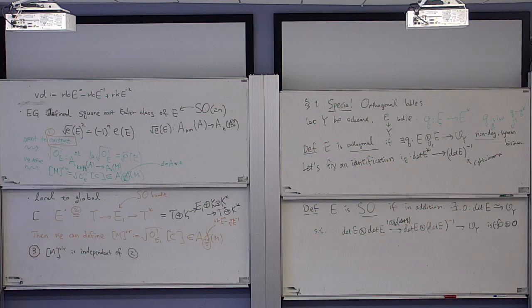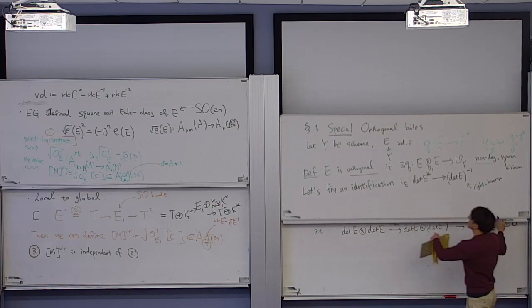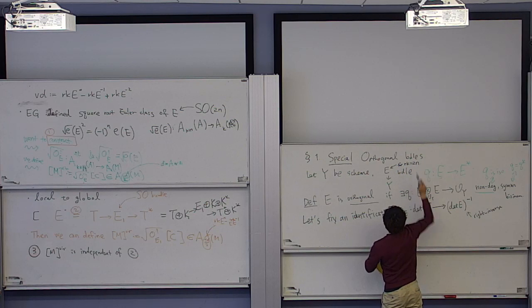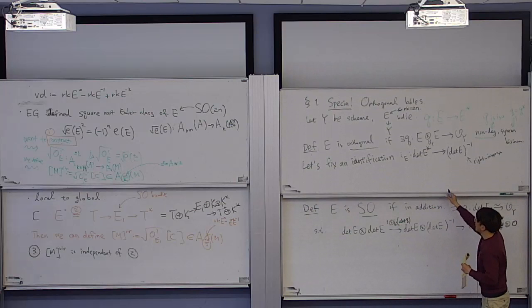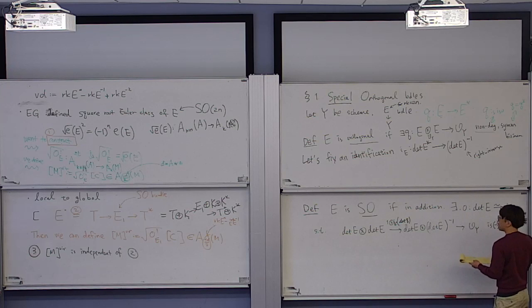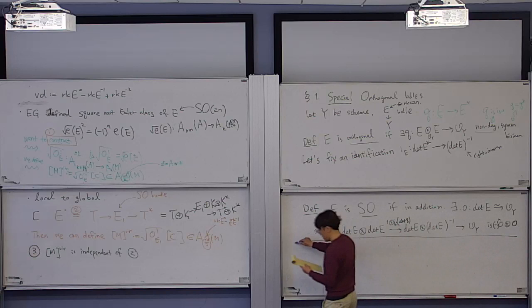Then I will choose this, -1 to the n. This is the definition of a special orthogonal bundle.